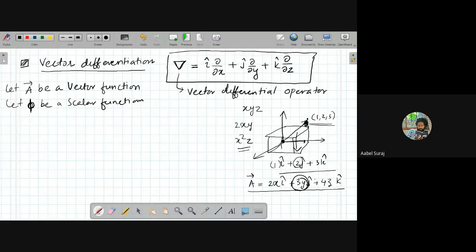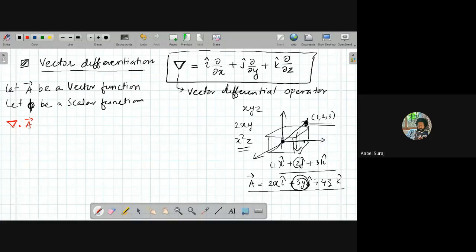Now let's do the problems. Let's do the notations once again. We have different notations. Let's say it is del. First one is del dot a. Remember, del is a vector operator. I am not putting the vector symbol here because it is an operator, a vector differential operator, but don't be confused, this is also a vector.